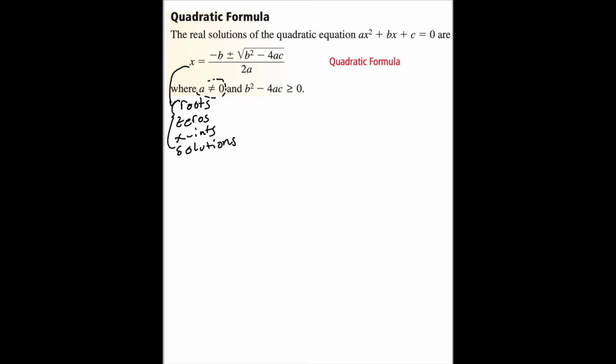So another thing to note is this plus or minus sign. Now, hopefully you know this, but it means that you have 2 possible solutions, or 2 solutions. And here you have x is equal to negative b plus the square root of b squared minus 4ac divided by 2a.